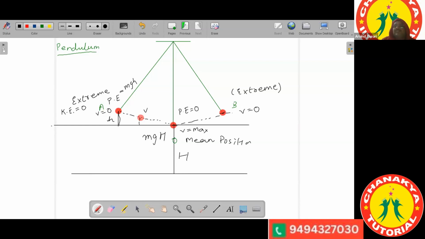But at the lower point, its potential energy is mgh plus h. Yes, sir. Okay. So again, when it comes, it will have its same potential energy mgh. So there is no need of having mgh every time. We can choose the reference to be this point and say that at this point, it will have zero potential energy. Right? Yes, sir. Got it. Okay.